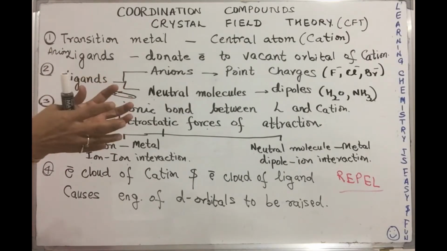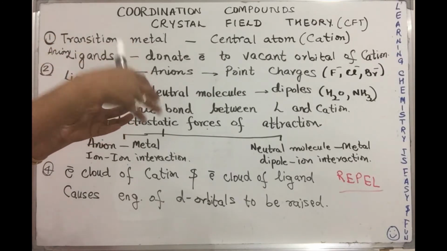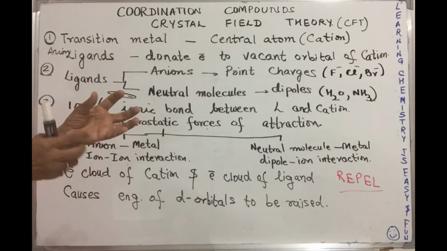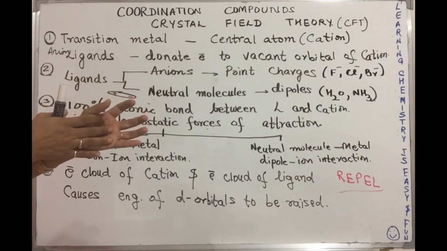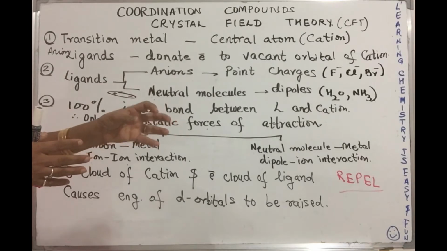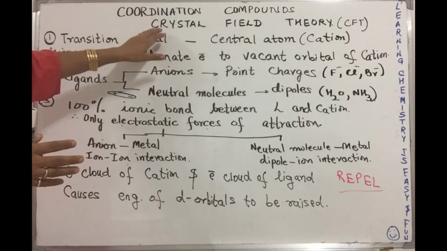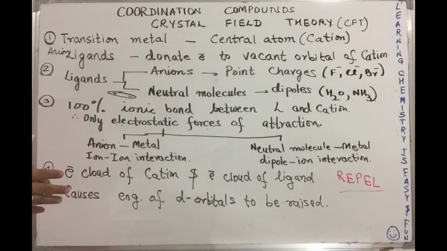Now what will happen? Depending on how the ligand approaches, there will be changes in the electronic configuration of this central atom. And that is the crux of the crystal field theory, right?